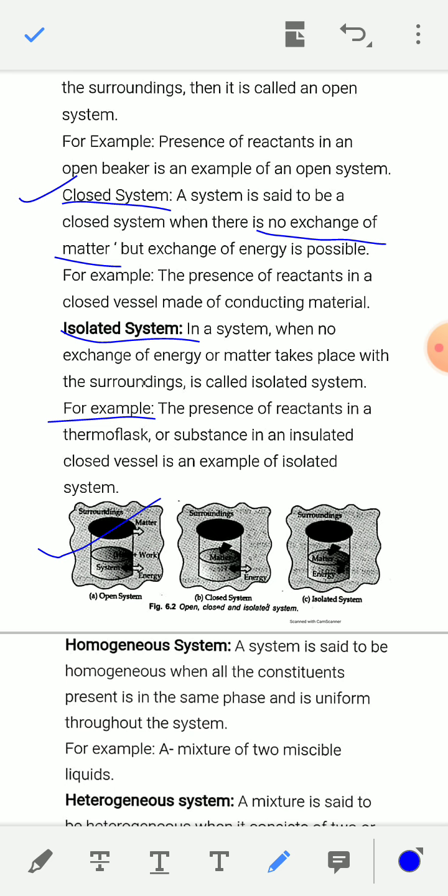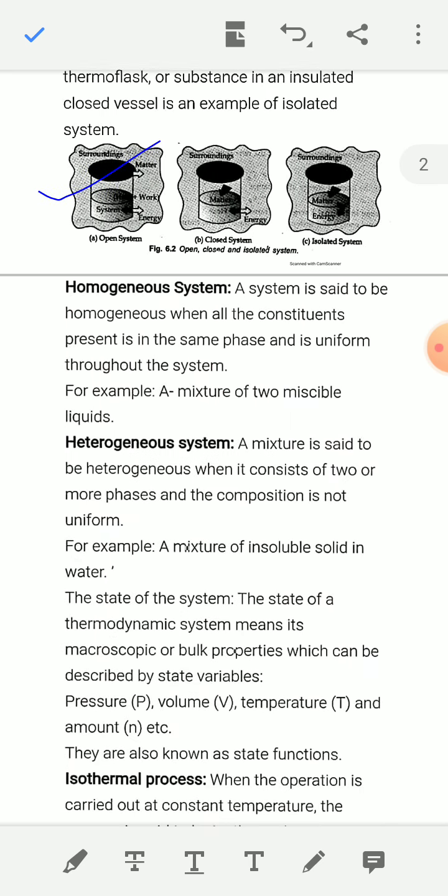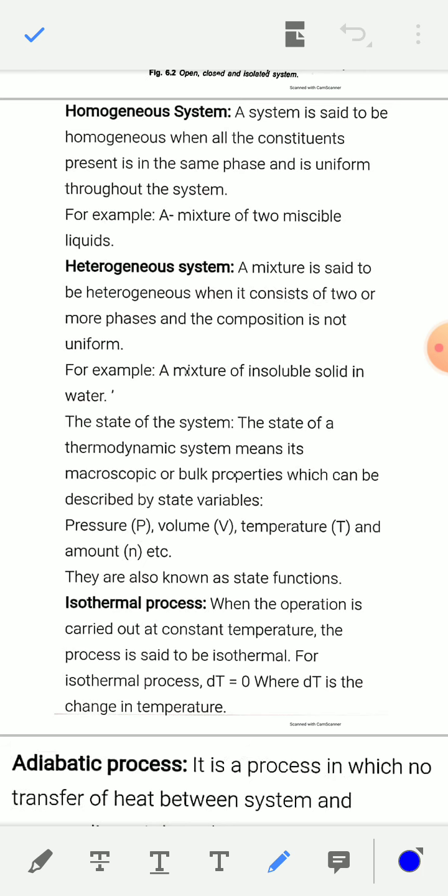Now two more types of system: homogeneous system and heterogeneous system. A system is said to be homogeneous when all the constituents are present in the same phase and are uniform throughout the system.